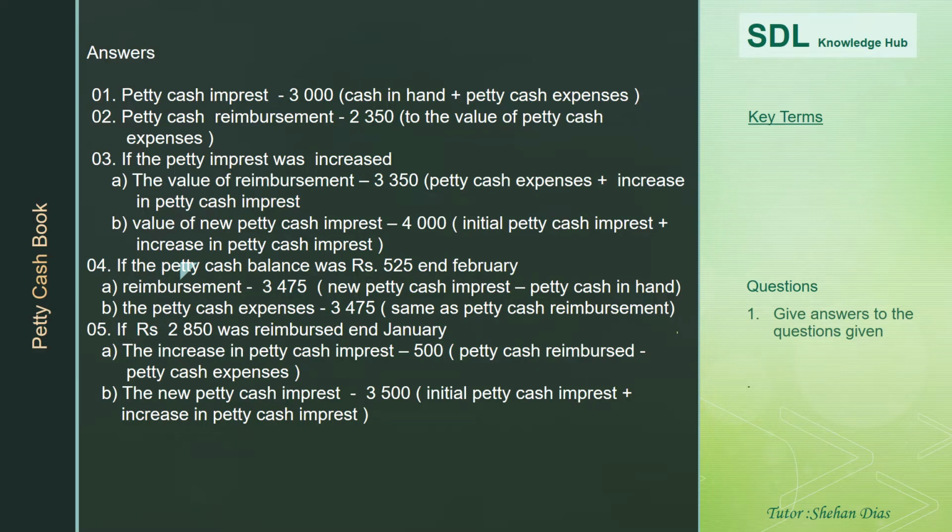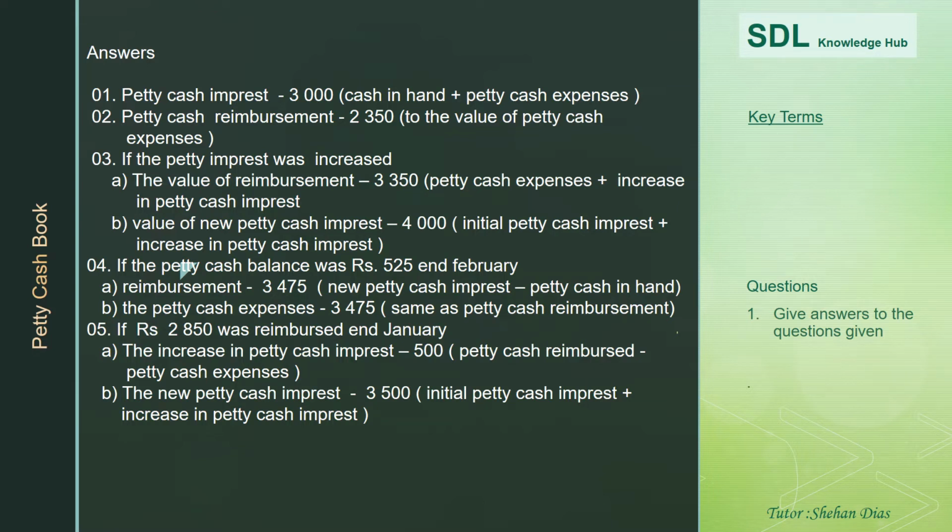So 2350 plus 1000 is 3350. Then in part B, what is the value of the new petty cash imprest, which is 4000, based on the initial petty cash imprest of 3000 plus the increase in petty cash imprest.